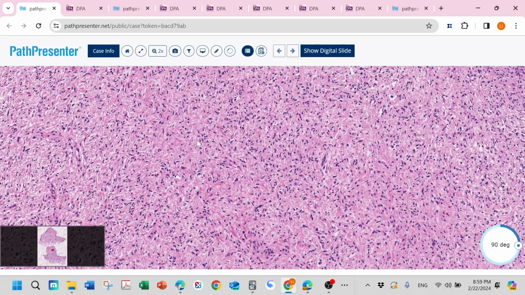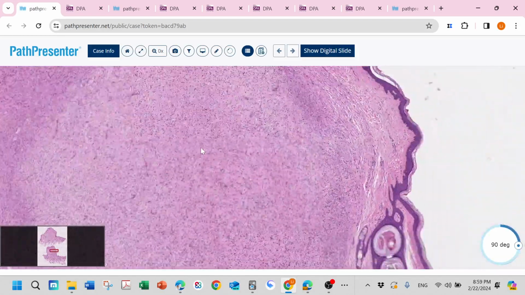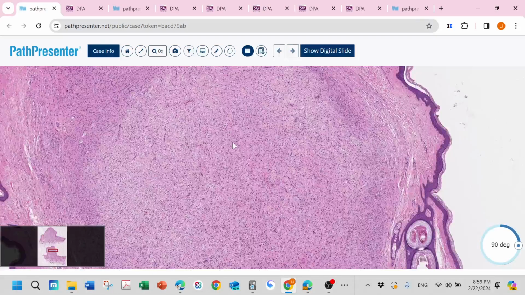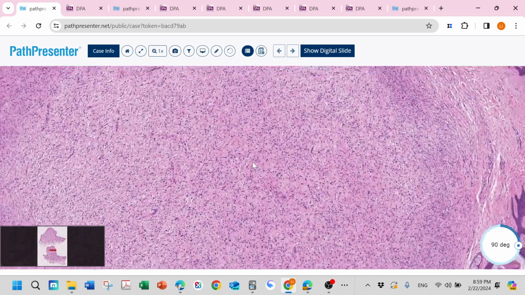Usually of all these spindle cells, there are three components. One is Schwann cell. Around 50% of this spindle cell is Schwann cell. So when you do S100 staining in neurofibroma, around 50% of the cells will be staining positive for S100.